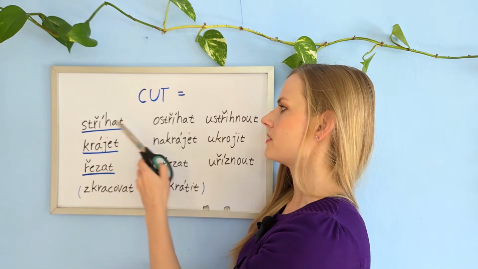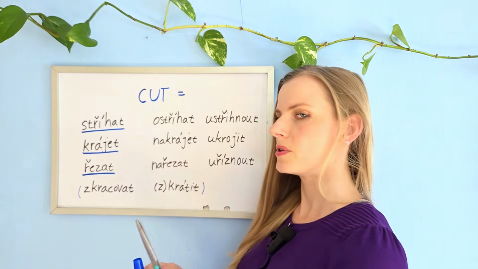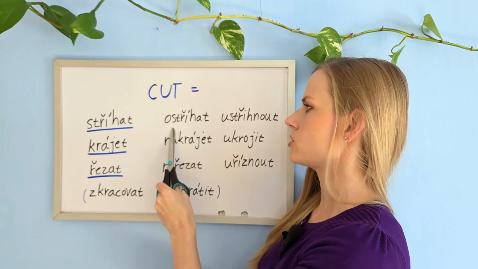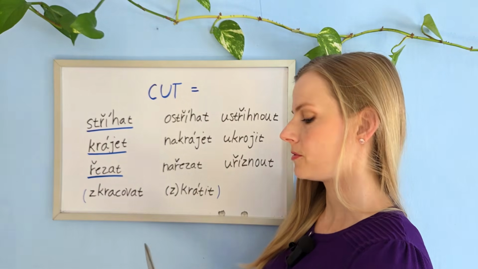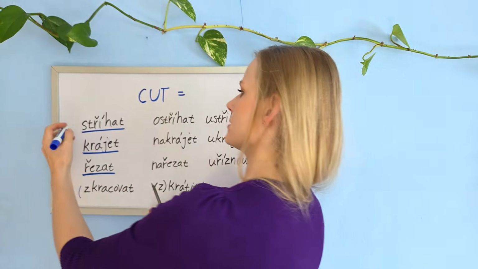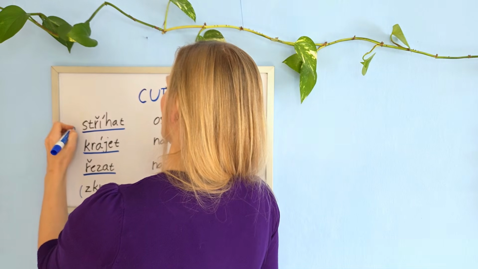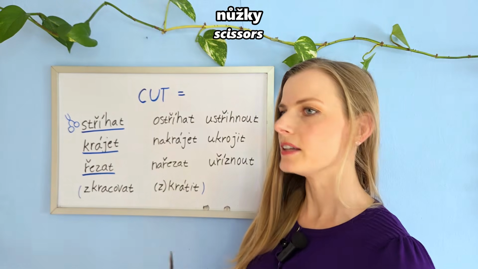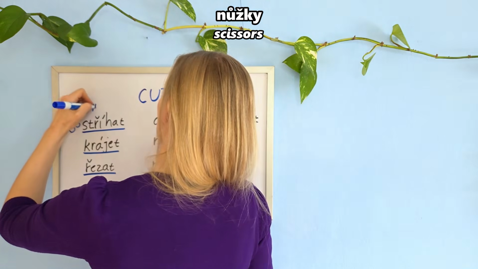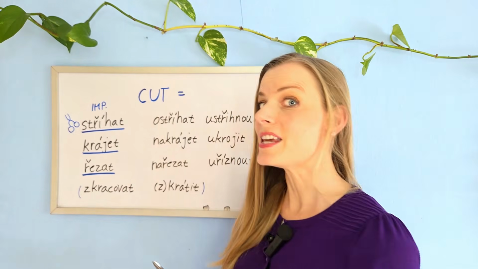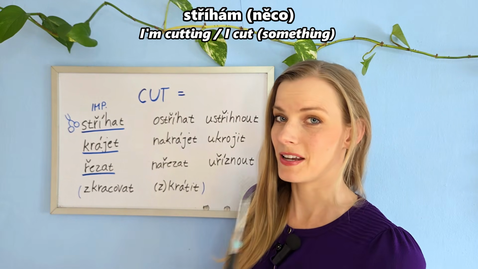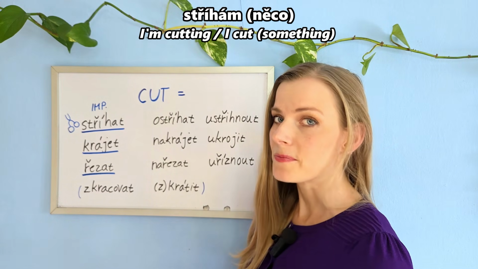These first three verbs are related to cutting with scissors, nůžky. Stříhat, ostříhat, ustřihnout. What is the difference? So all these three are related to cutting with scissors. Stříhat is an imperfective verb. If you say stříhám, it means I am cutting with scissors right now or generally.